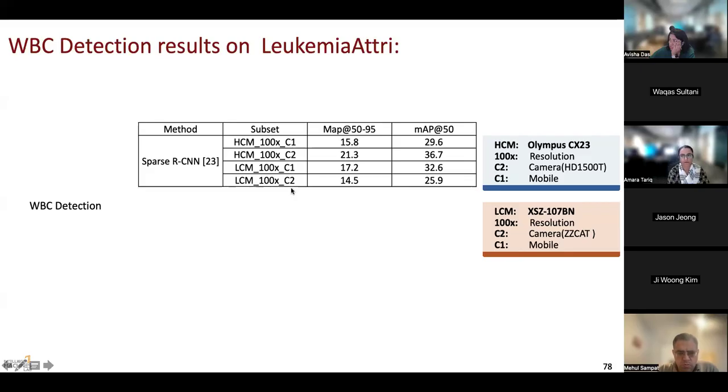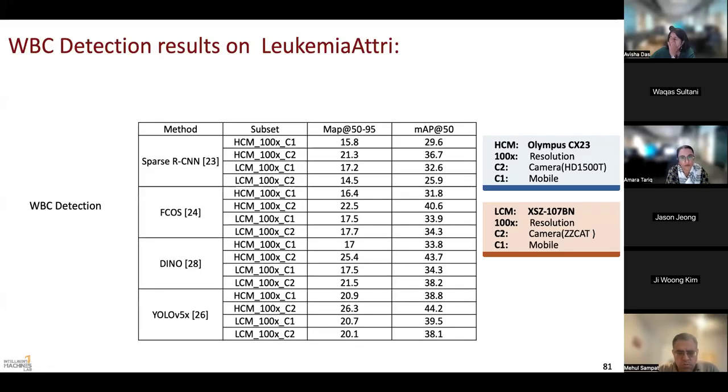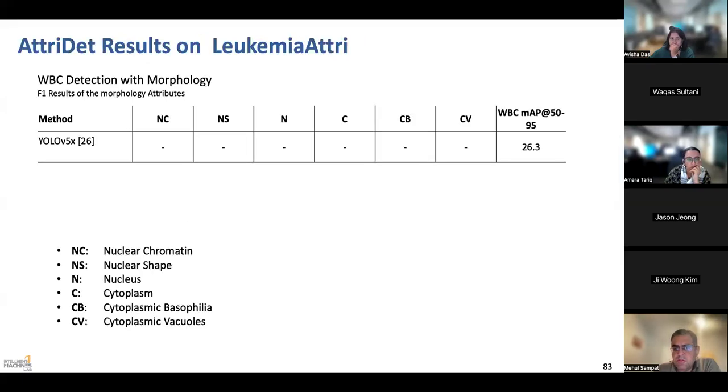We tried four types of networks, and in our case YOLO works better, which is why, as I showed in the previous slide, we use YOLO and change the architecture a little bit so that it can predict the attributes along with the simple detections.